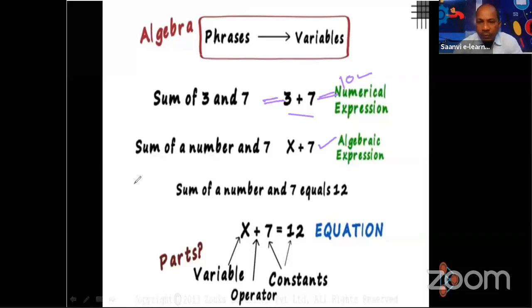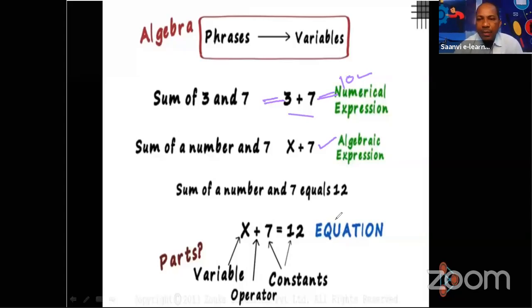Okay, now see here, observe the second statement and this third statement. What do you find as the difference here? See, in this algebraic expression, there is no equal symbol, just x plus 7 is there. But here x plus 7 is equal to 12 is there. Okay, so here an extra equal symbol is there and 12 is there. Some value is there. It means an algebraic expression containing the equal symbol is called an equation.